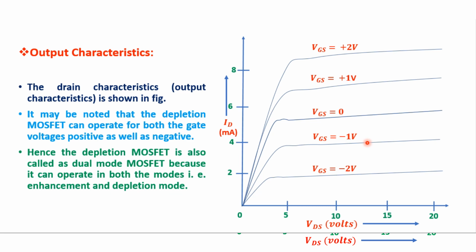So when gate to source voltage is equal to 0, the drain current is appreciable in the case of depletion MOSFET, whereas it is very small for enhancement MOSFET.